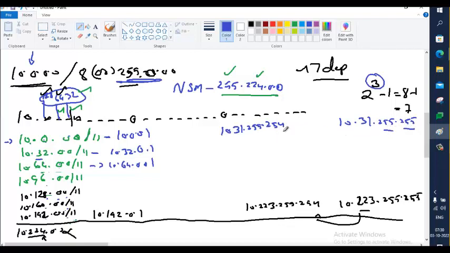One less than that is the last. For the next: 10.63. How do I get 63? Because the next network is 64. 10.63.255.255 is the broadcast. 10.63.255.254 is the last IP. Likewise, you can fill in the rest.